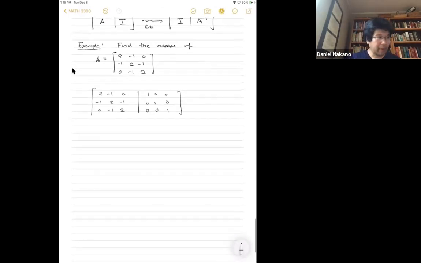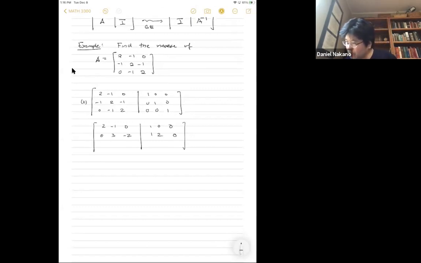Now I can just multiply the second row by 2. We have 2, minus 1, 0, 1, 0, 0, and then 0, 3, minus 2, 1, 2, 0, and we keep the last row the same, 0, 0, 1.